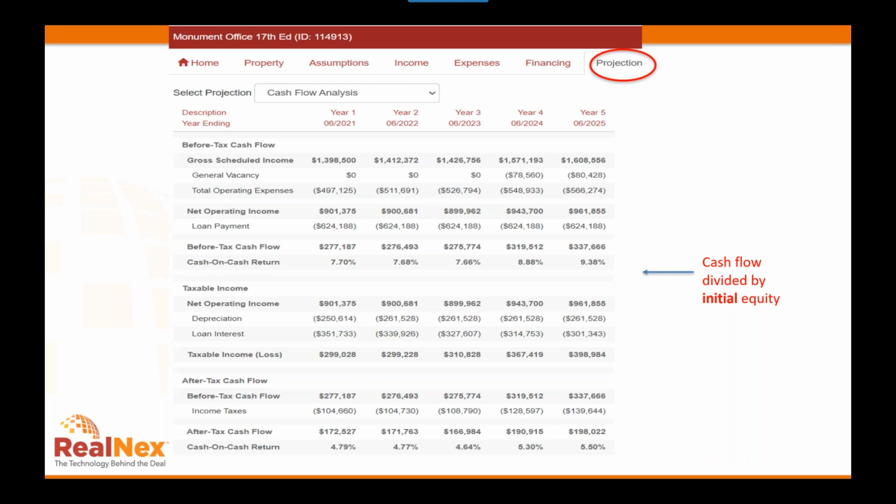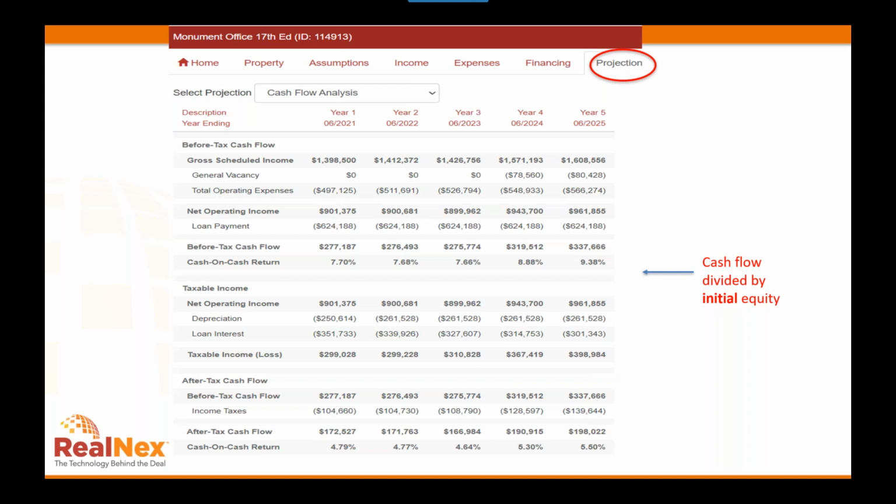The before tax cash flow divided by the equity that went into the property is called a cash on cash return, because the before tax cash flow is cash we're getting after the loan payment, and equity is the cash that we put into the property. Remember the equity from the previous page. So take our before tax cash flow, divide by our equity.